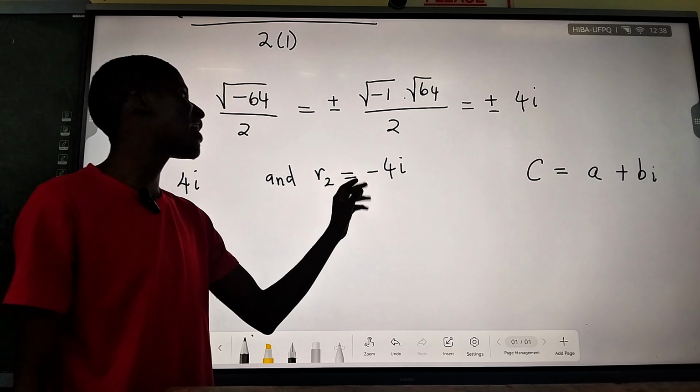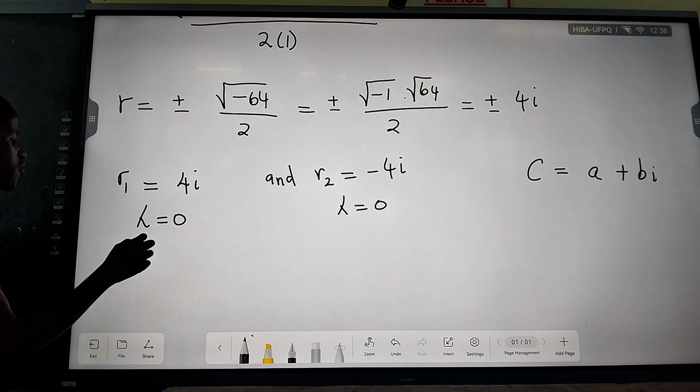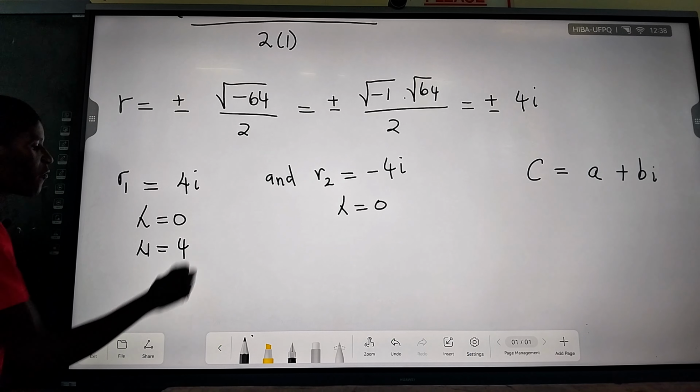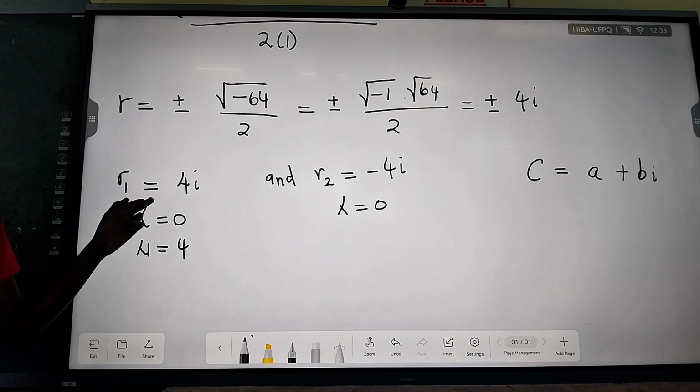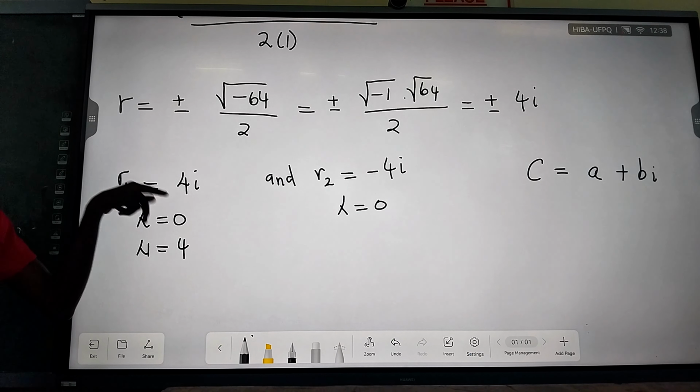What is our lambda? 0. And what about mu? Mu is the number multiplied to the imaginary number i. So mu is what? Negative 4. We've identified everything that you need.